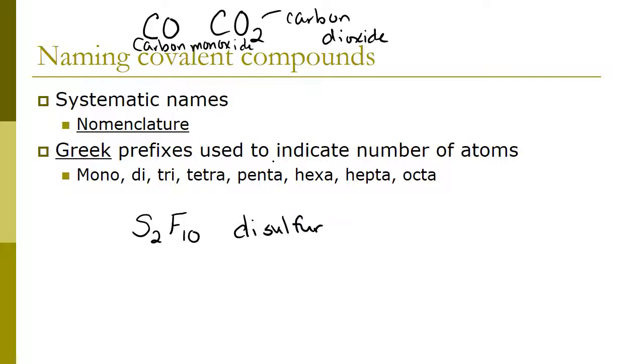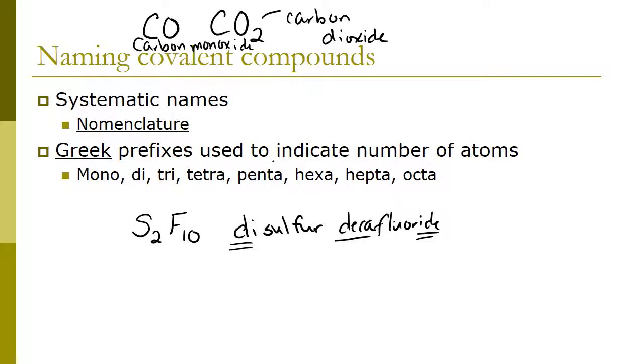And then the last part, 10 is deca. Hopefully you knew that one already. I only went to 8 on this slide. 8 is octa, 9 is nona, 10 is deca. Decafluoride. And we changed the ending to "ide". Notice we had to put the prefix on our first element because it wasn't just one.